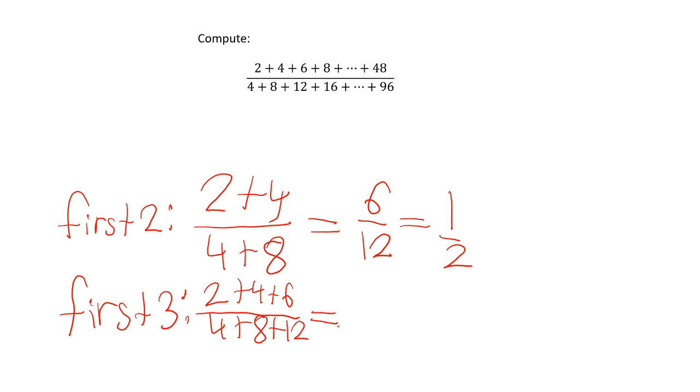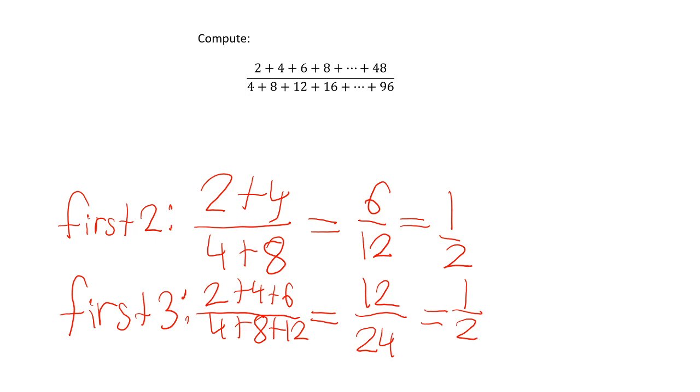Now let's compute this. 2 plus 4 is 6, 6 plus 6 is 12. And that's over 4 plus 8 is 12, 12 plus 12 is 24. And 12 times 2 is 24. Pull out a common factor, we get 1/2 again. Now we see there's 1/2.